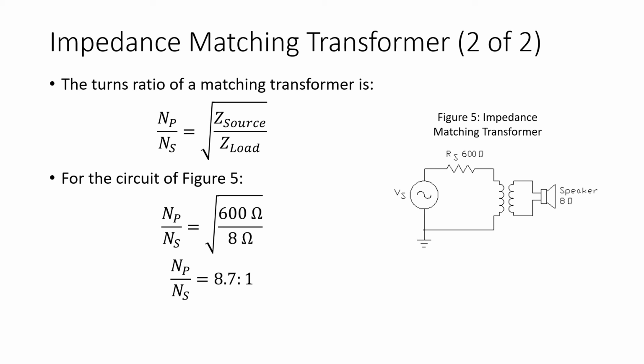Now, mathematically, the turns ratio of the matching transformer, NP over NS, equals the square root of the source impedance over the load impedance.